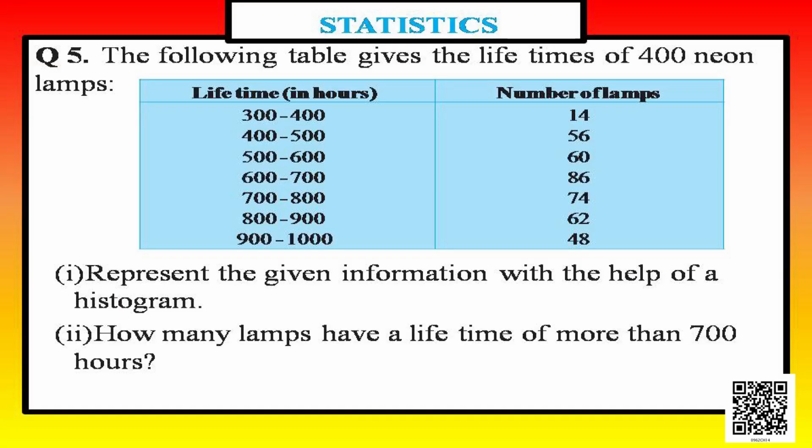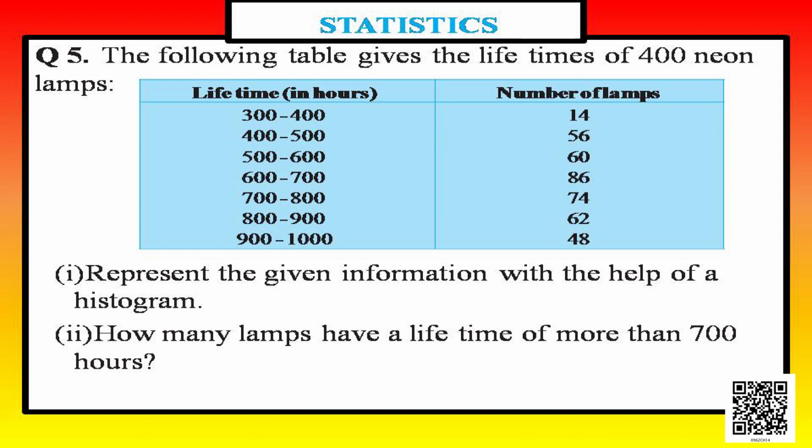So students, let us discuss question number 5 of exercise 14.3. The question is, the following table gives the lifetimes of 400 neon lamps. We have in the first column lifetime in hours and in the second column number of lamps.